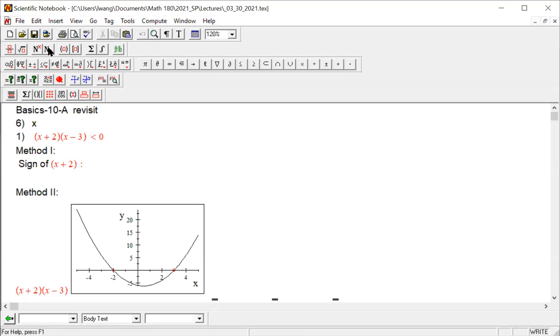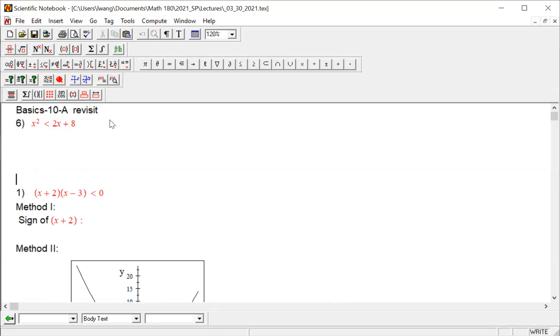Okay, so x squared less than 2x plus 8. So let's solve this inequality.